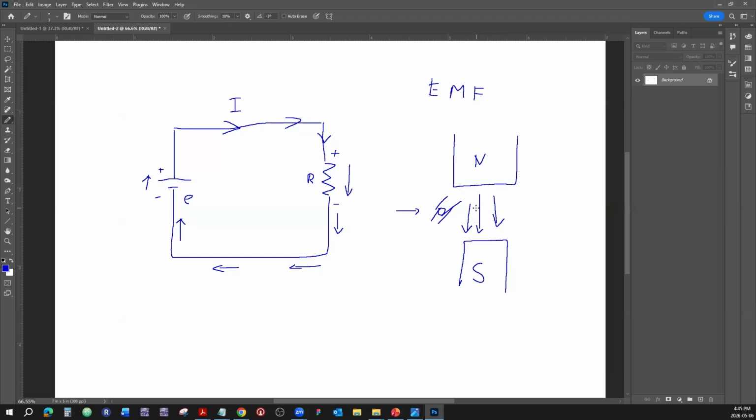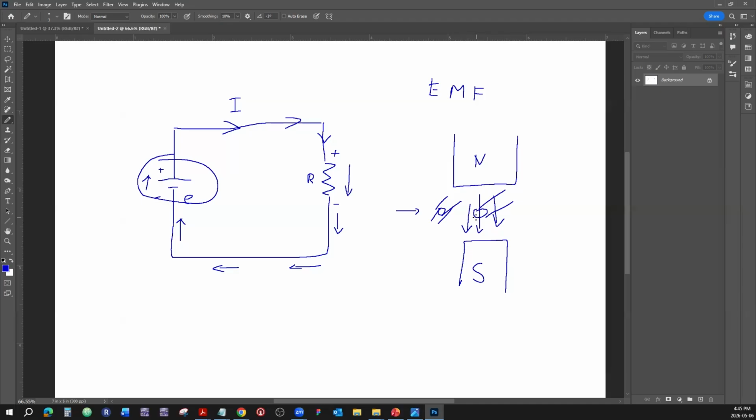Then once it's in motion, it finds itself cutting through those lines. So that's going to be the magnet, that's going to be the rod. We're going to create a power supply out of that rod.